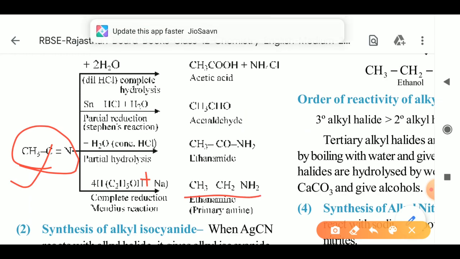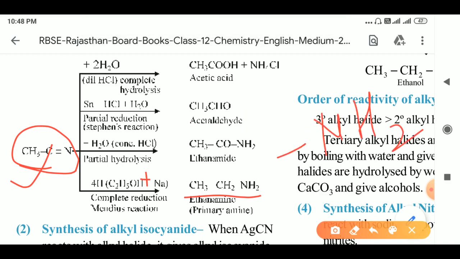Amine means any compound in which the NH2 functional group is present. Its name is ethanamine because two carbon atoms are there. So these are the important reactions of methyl cyanide.